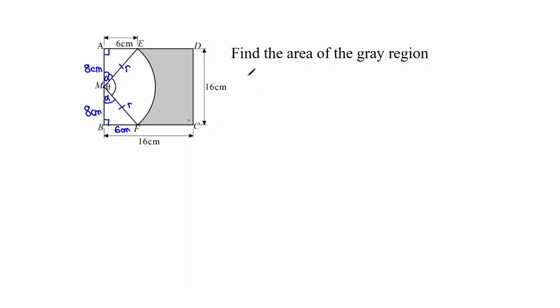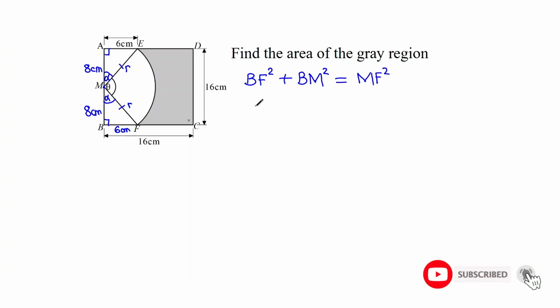We have BF square plus BM square equals MF square. Now let's make substitution. BF is 6 square plus BM is 8 square equals r square.